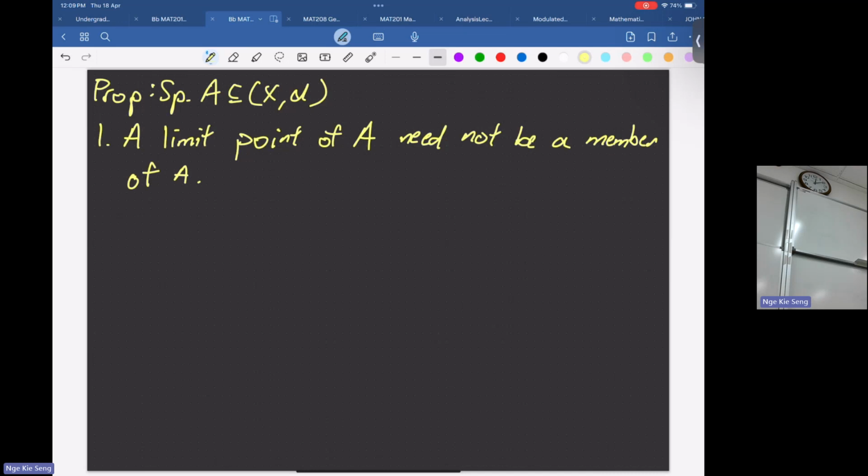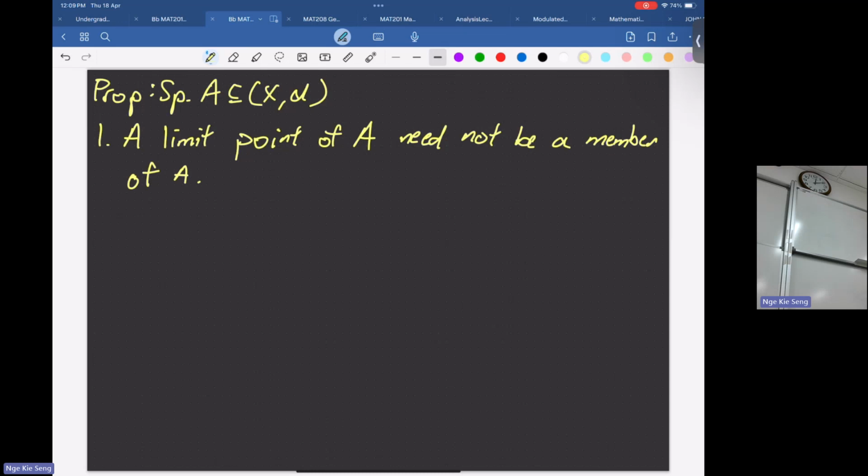Like an interval, you can also get to that point. Deleted, yeah. That's the topology way of thinking. You have a disk and then you take away some point inside the disk. How about numbers?